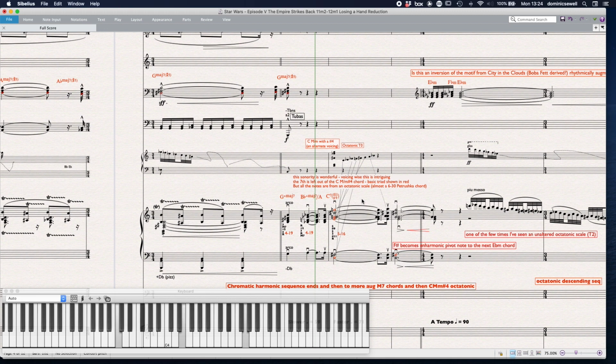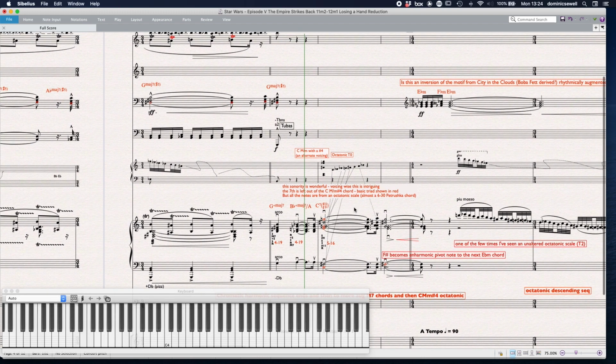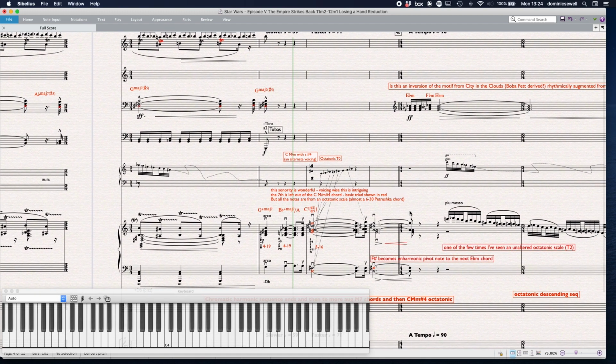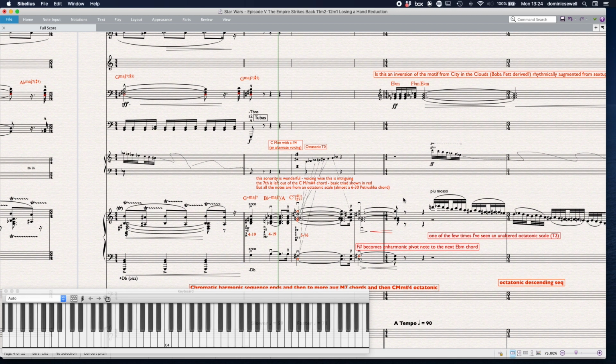And we've got this sort of really weird effect here. So it's a 3/3 voicing, but around it he's adding other notes. But basically, it's an octatonic scale voicing with fourths.